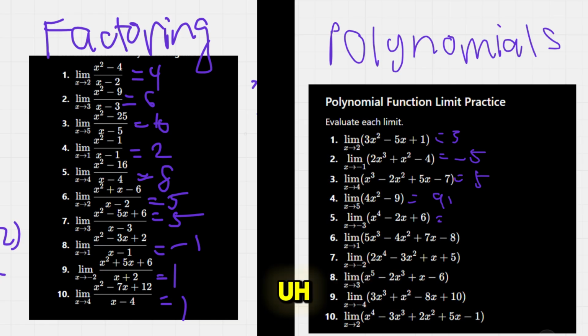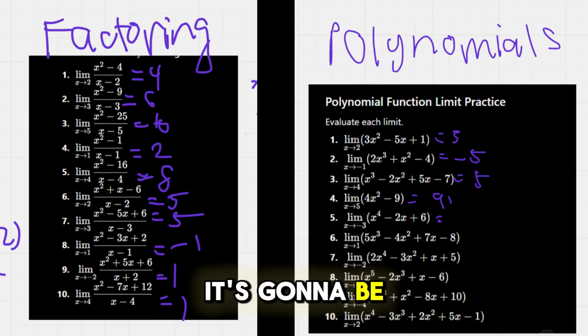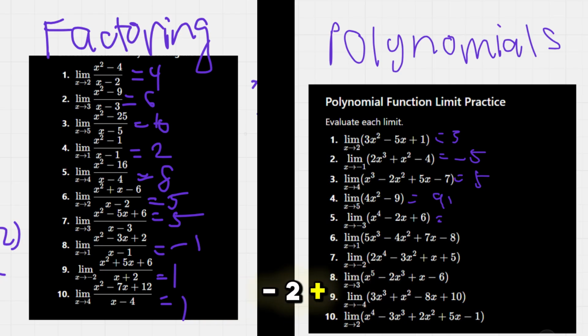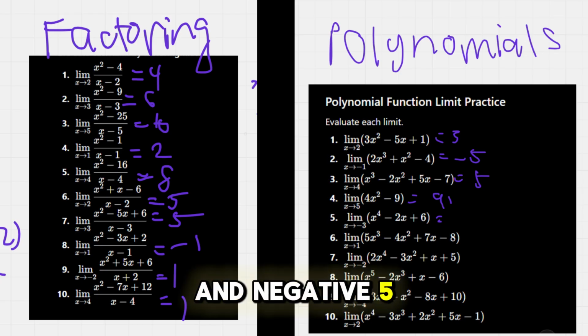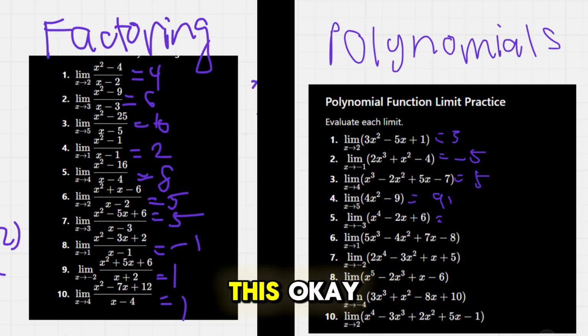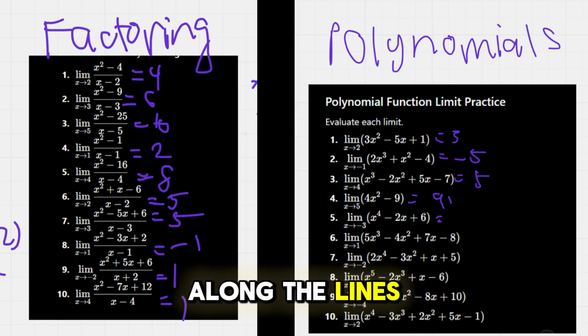Negative 1. It's going to be negative in the third, so 2 times negative 1 is going to be negative 2 plus negative 1 and plus 1. Negative 2 plus 1, negative 1, and negative 5 is going to be negative 5. So now we have this. Okay. 4 cubed, I believe, is 64.